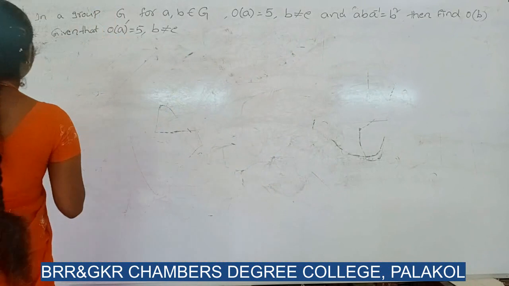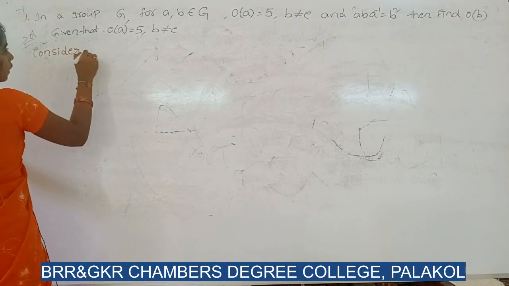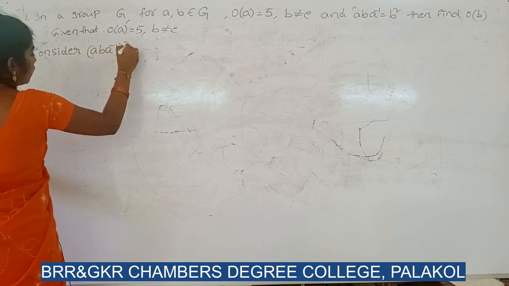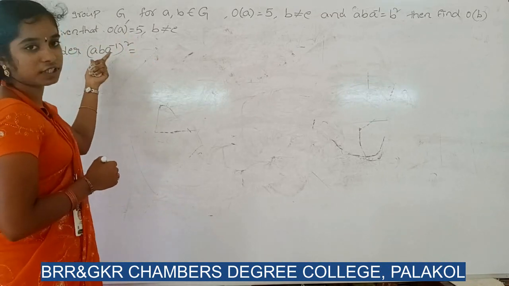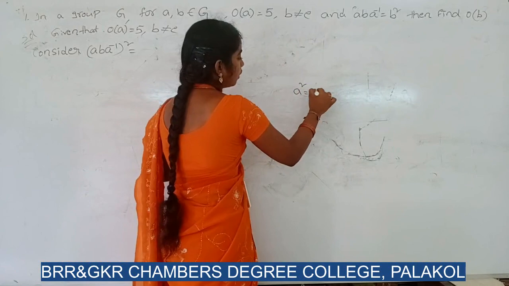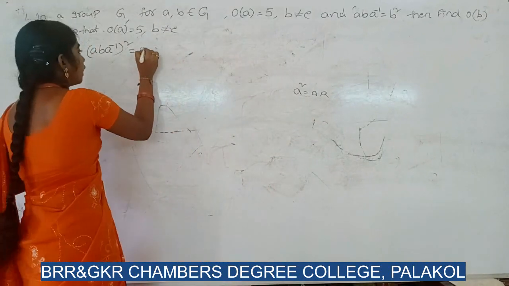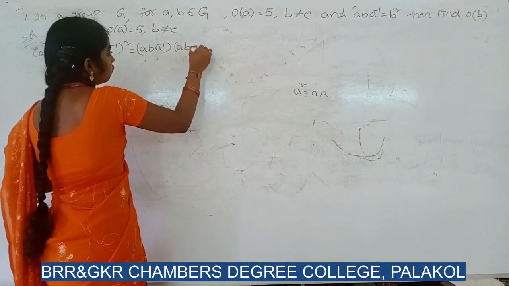Now consider (a b a inverse) whole square. Using the law of exponents, a square can be written as a dot a, so this is a b a inverse into a b a inverse.